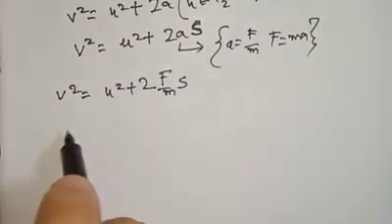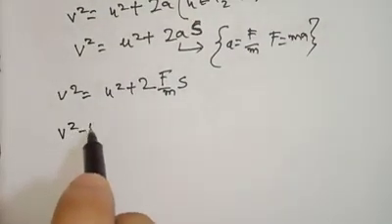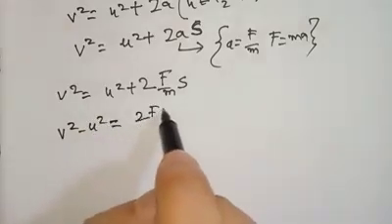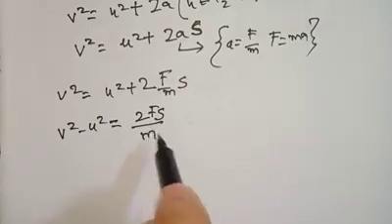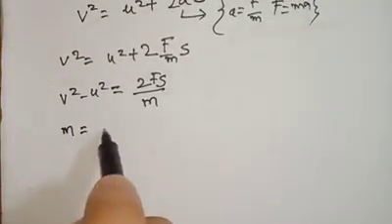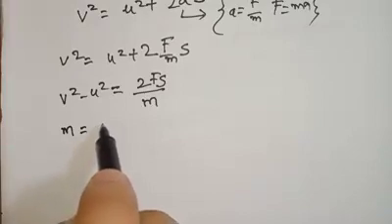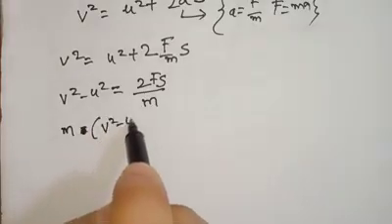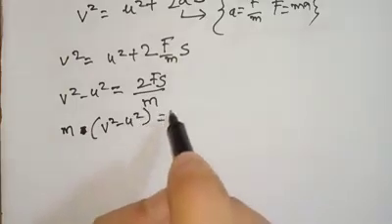If we flip over and rearrange it, we get v squared minus u squared equal to 2fs by m. From there further we get m times (v squared minus u squared) equals 2fs.